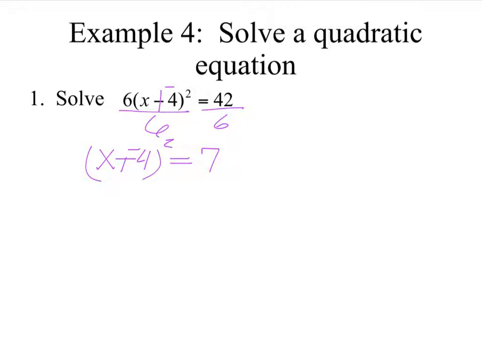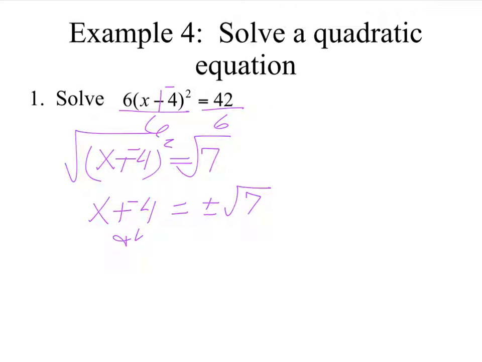Before I can move the negative 4, I've got to get rid of that exponent of 2. So we're actually going to square root at this point in the problem. That brings out our parentheses of x plus negative 4, and this is going to equal positive negative square root of 7. I'm not actually going to take the square root yet because you want to wait till the very end, or as far as you can, until you switch over to decimals.